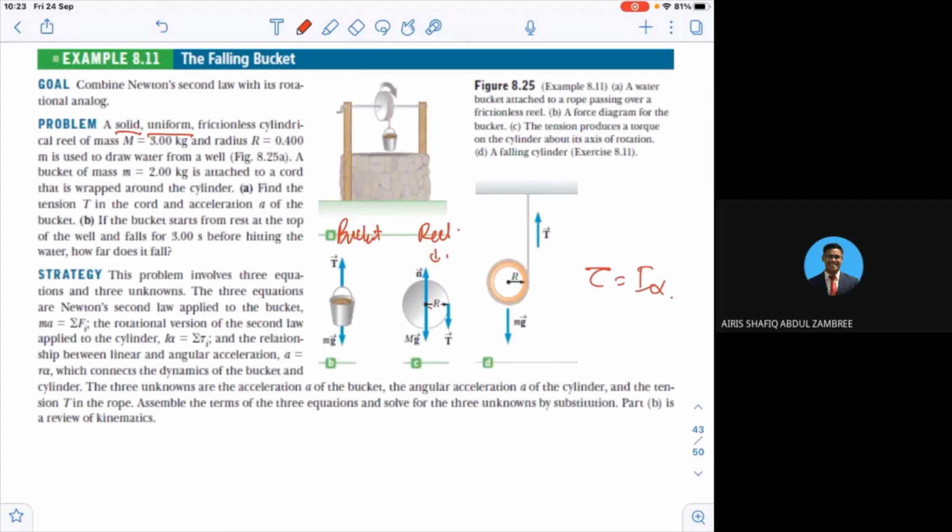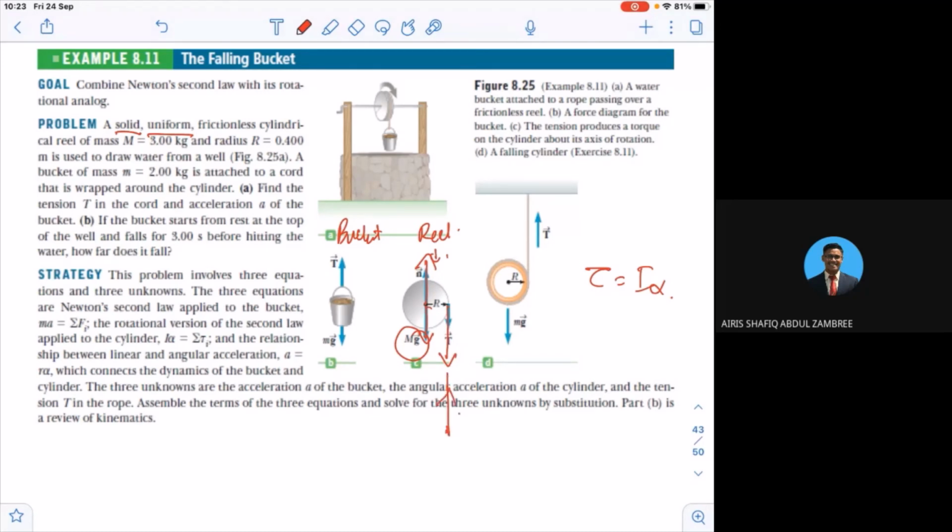Of course, the reel is solid, so it has a mass that we should consider as mg, and because it sits on two wooden stands, it must have some normal force. Don't forget the reel is wrapped with a cord, so the cord acts as a tangent.